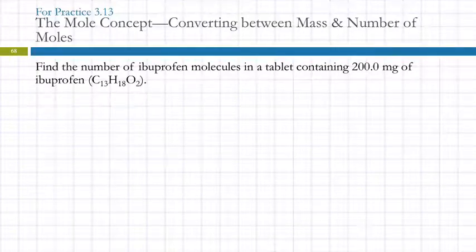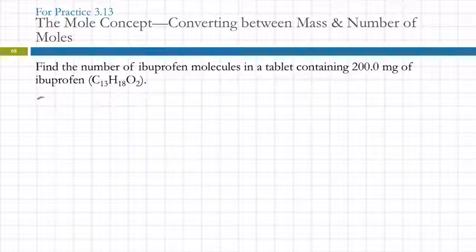So here's an example. Find the number of ibuprofen molecules in a tablet containing 200 milligrams of ibuprofen. And we're giving you the formula because we don't expect you to know that. So we read the problem. Always a good strategy to pull out any numbers that are in there.